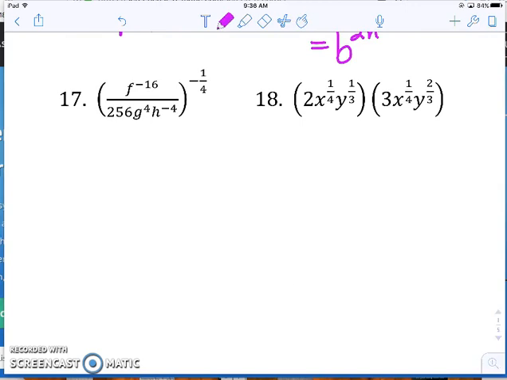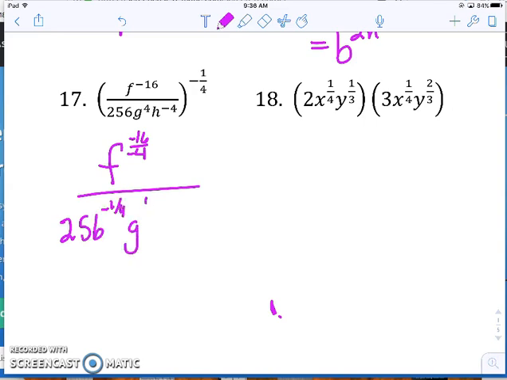17, do some distributing. So this would be f negative 16 over negative 4 divided by 256 to the negative 1/4 g to the 4 over negative 4 h negative 4 over negative 4.